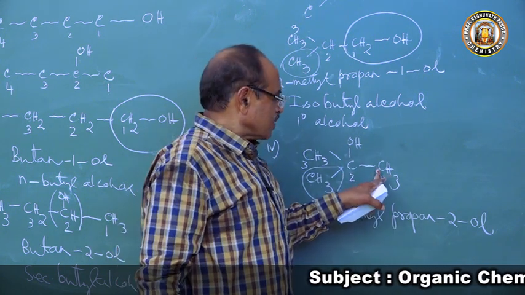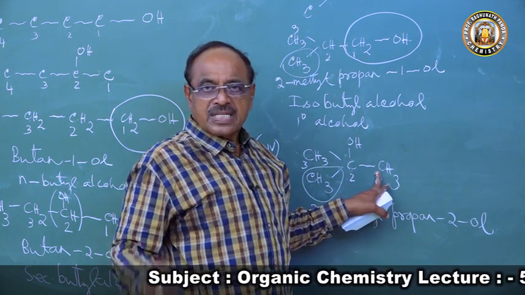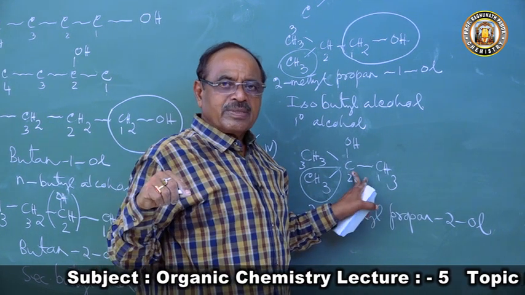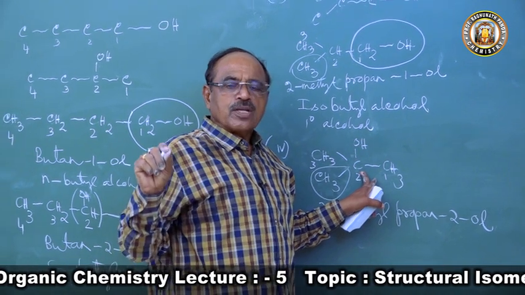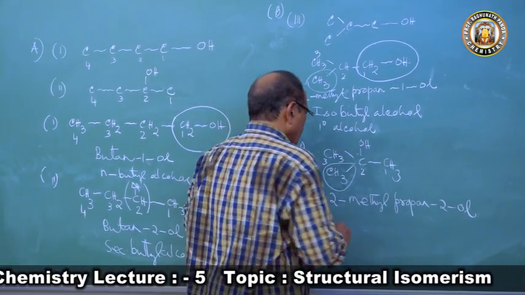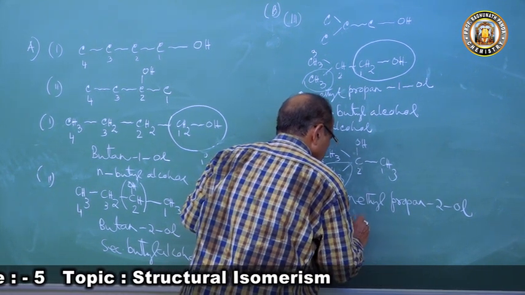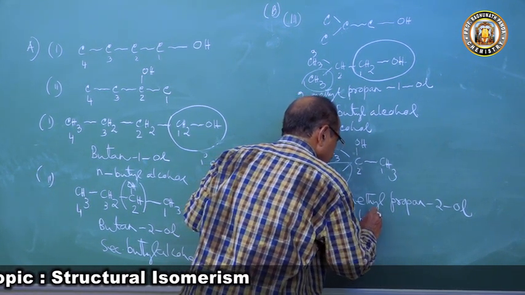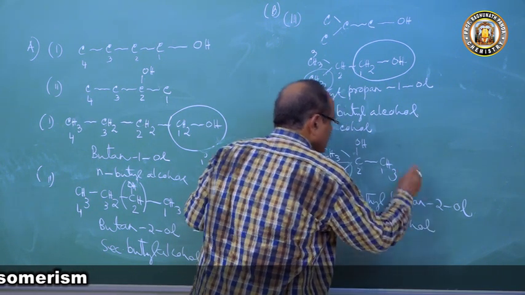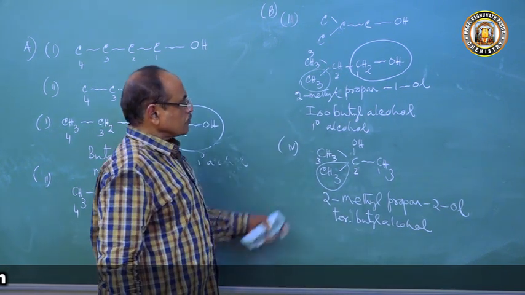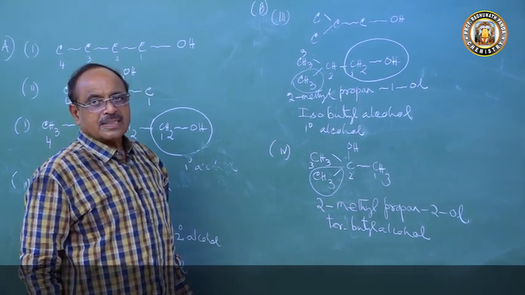How many carbon atoms are there? 1, 2, 3, 4. 4 carbon atoms, so it is a butyl alcohol with a tertiary carbon, so its common name is tertiary butyl alcohol.